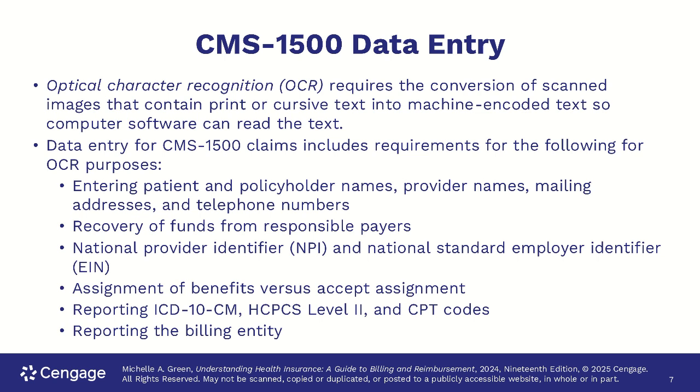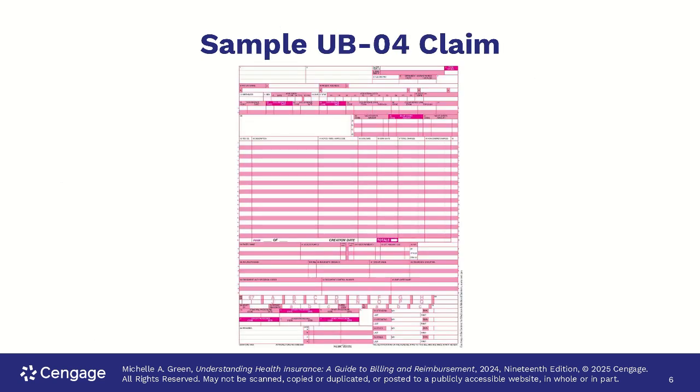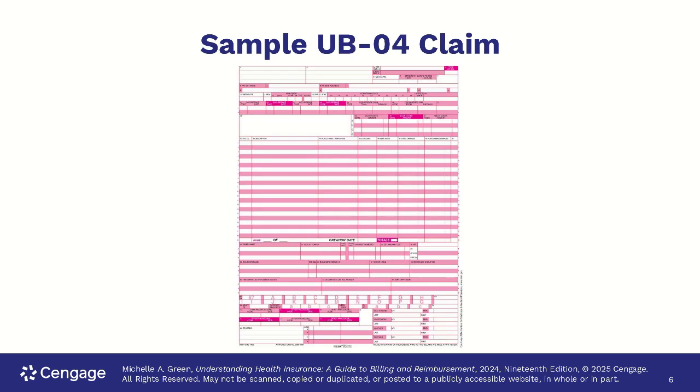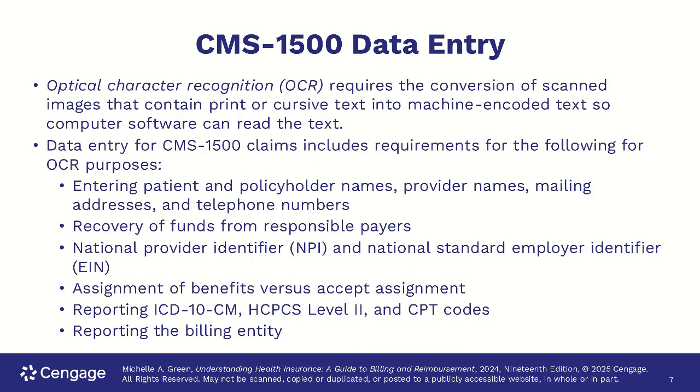Epic, Cerner, all these different systems, you're literally plugging information into little fields on a computer screen, and then the software puts it where it needs to be. So you register the patient, and the system is going to put the patient's name and address and insurance all into the proper location on the form.